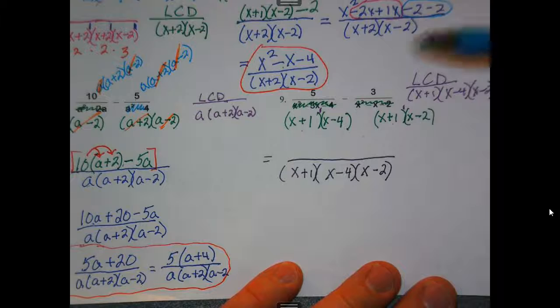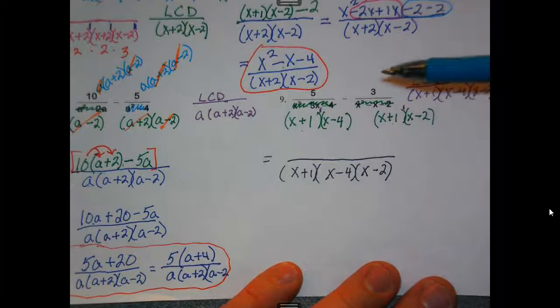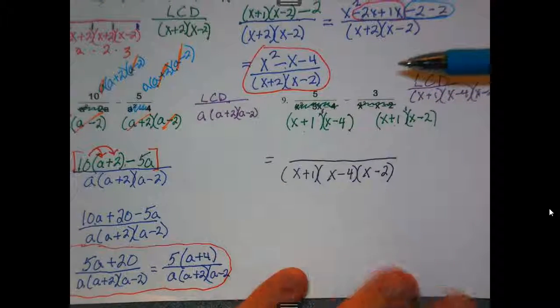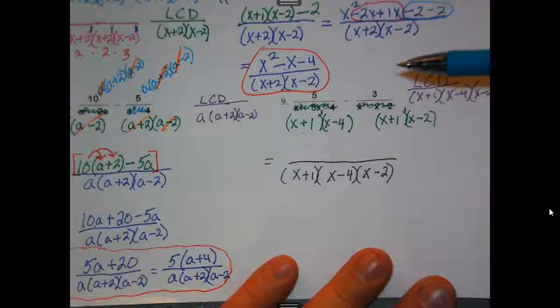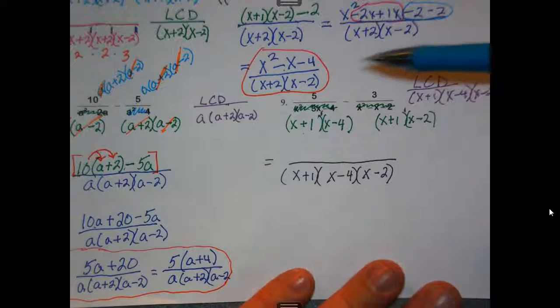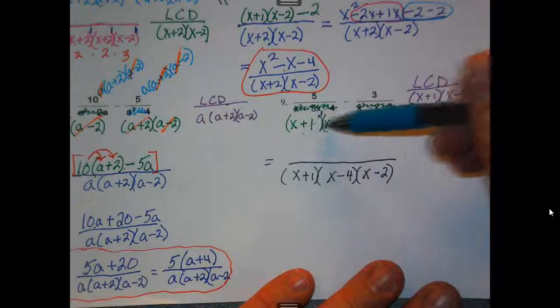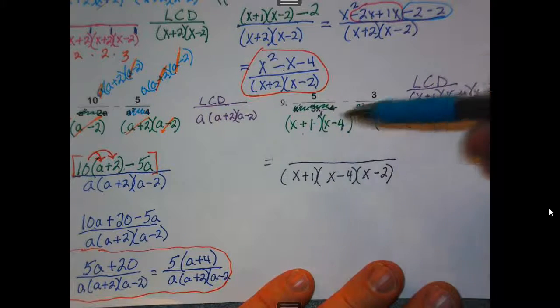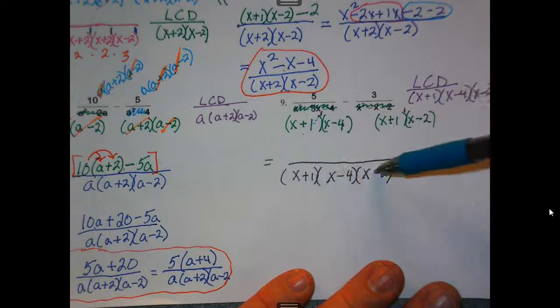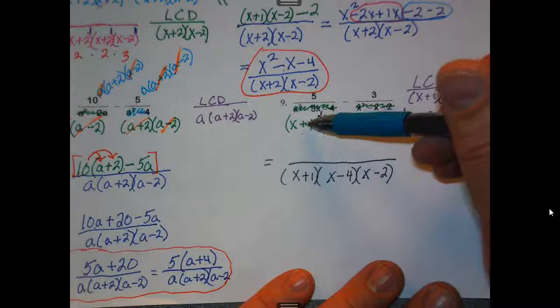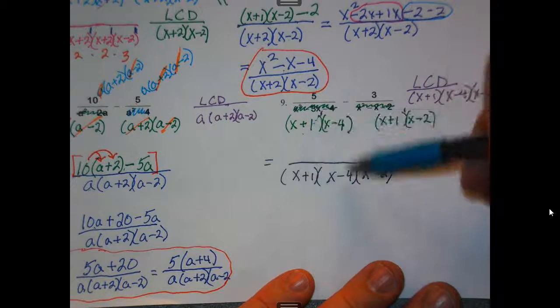That's the pattern that I yelled at Martin for the other day because I didn't want you guys to get confused at the time. You're just going to multiply the 5 by whatever this doesn't have. In other words, here's my LCD. Here's my x plus 1. Here's my x minus 4.